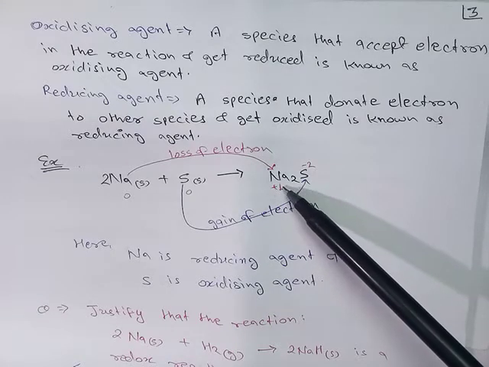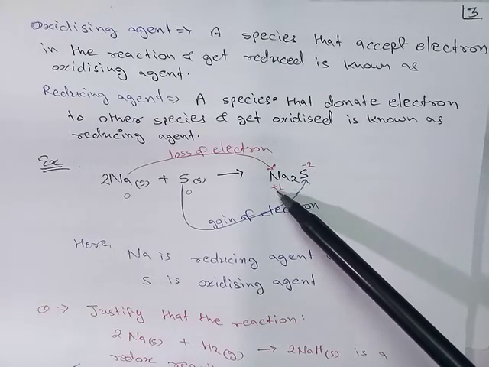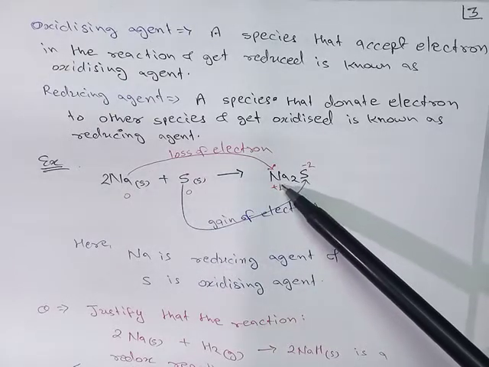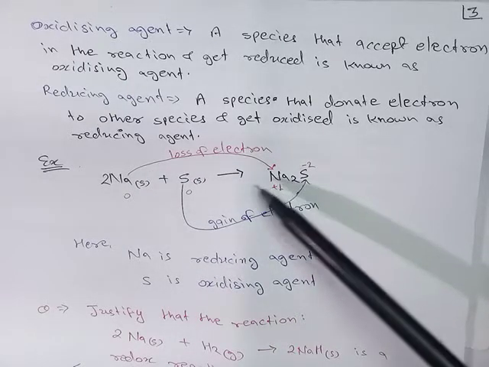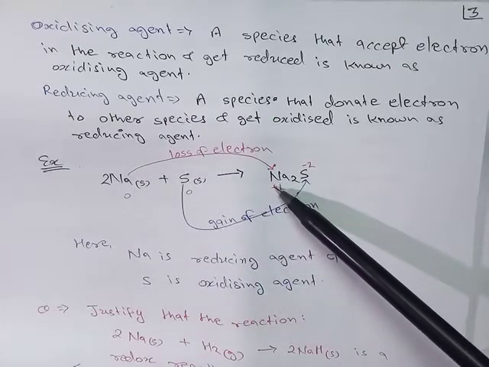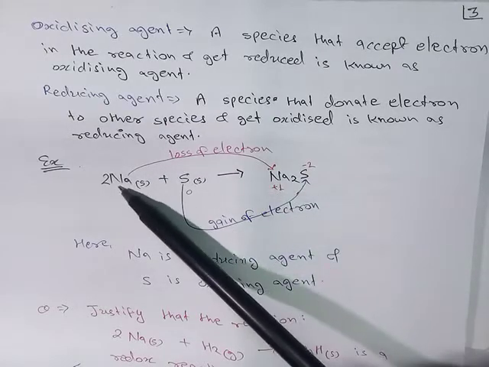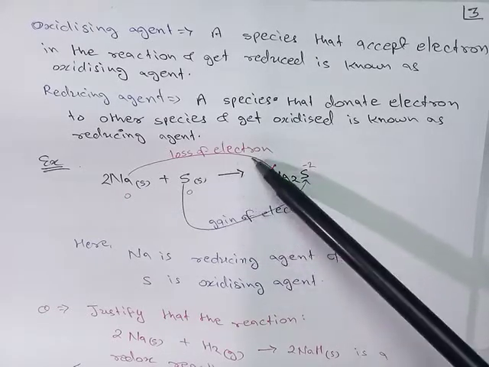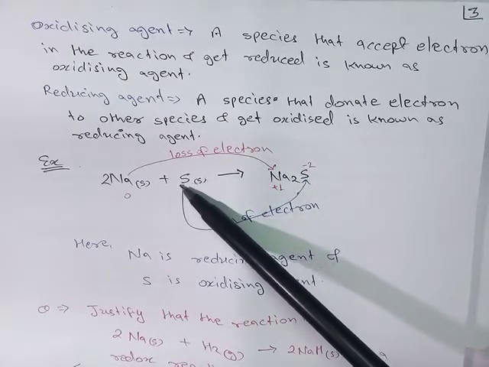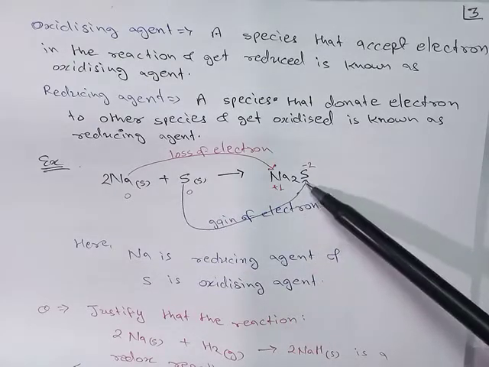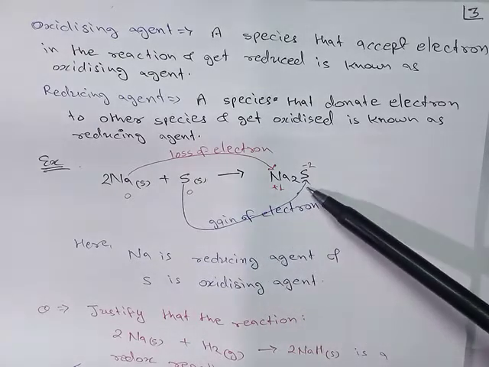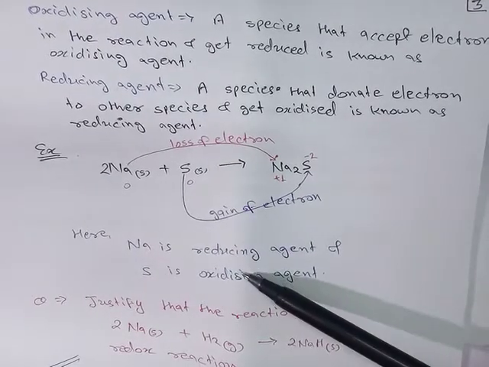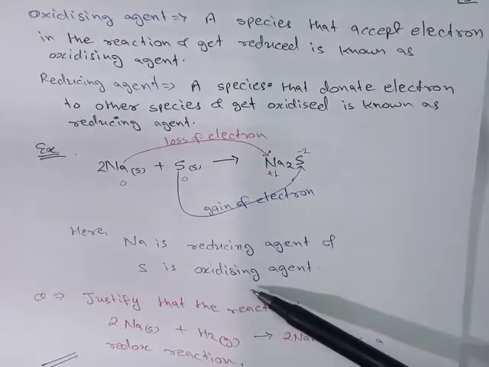So in the product the oxidation number of sodium is +1. We can say sodium gets oxidized, meaning sodium is a reducing agent in which loss of electron takes place, and sulfur, which accepts electrons in the reaction, is the oxidizing agent. So in this reaction sodium is the reducing agent and sulfur is the oxidizing agent.